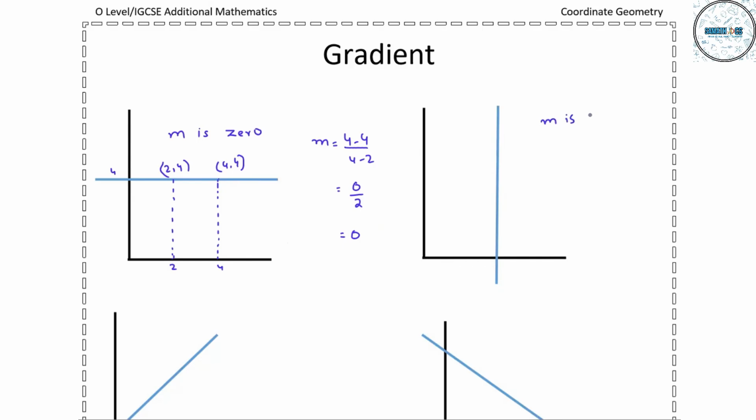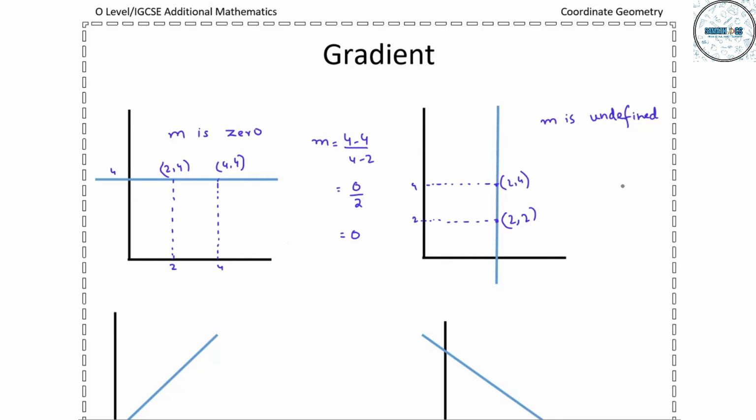The gradient of a vertical line is undefined. M is undefined. Why is it undefined? If we consider two points here, the coordinates at this point are (2, 2) and at this point it's (2, 4).